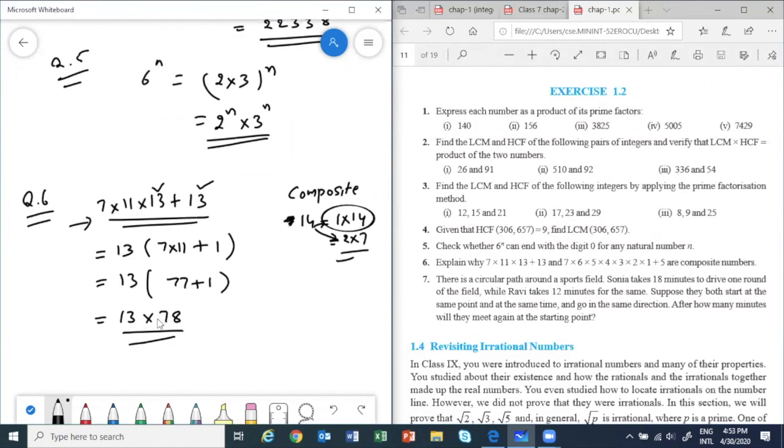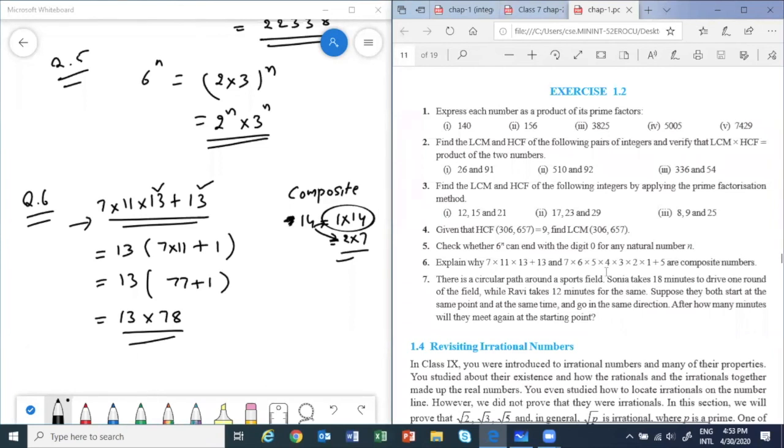So surely it is composite by the definition of a composite number. Correct? Any doubt? I'm assuming there is no doubt. Okay, good.